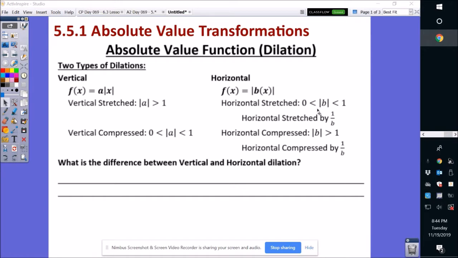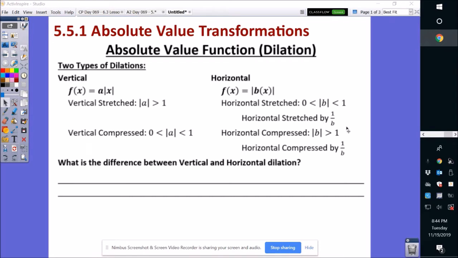Now to go more in depth with horizontal, and this only applies to horizontal, this is the part where we have to be extra careful. If it's classified as a horizontal stretch, then when you identify the transformation, you would say horizontal stretch by 1 over b.